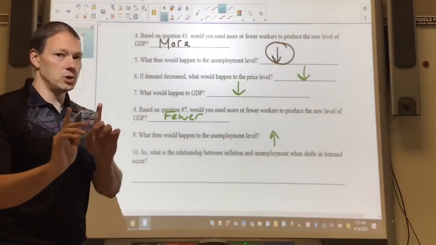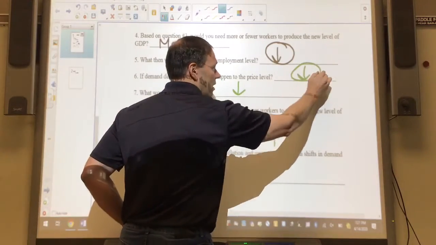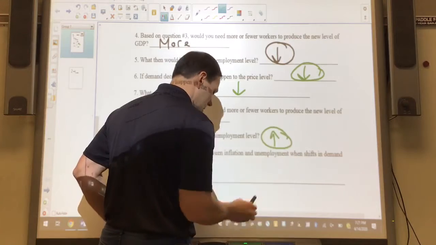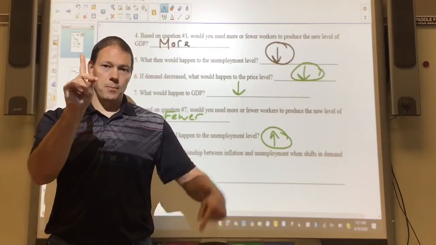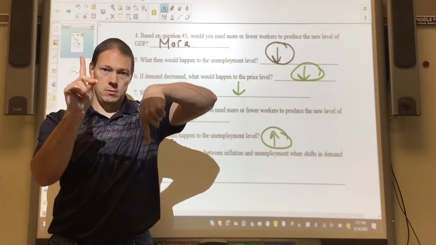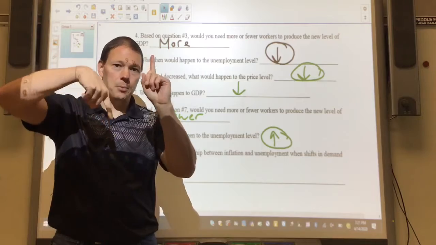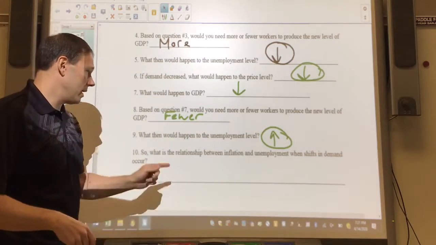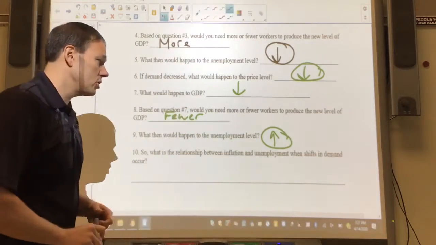Again, I want you to pay close attention to what happened here. Demand decreased, it made price level go down, unemployment go up. So the first time, inflation went up and unemployment went down. This time, inflation goes down, unemployment goes up. So when demand shifts in the economy, either increase or decrease, what kind of relationship is there?